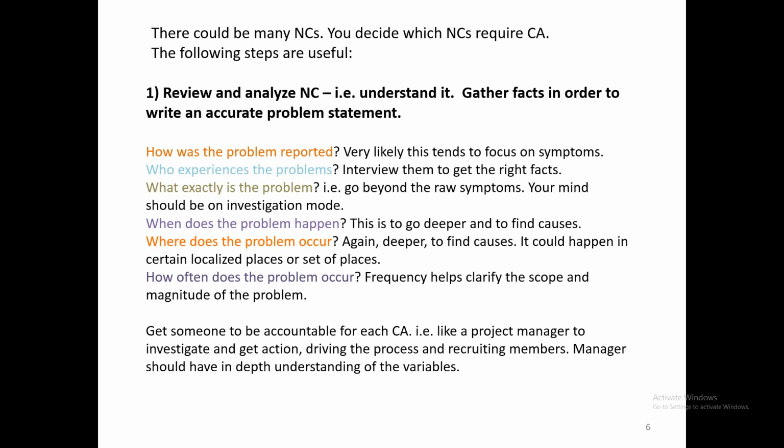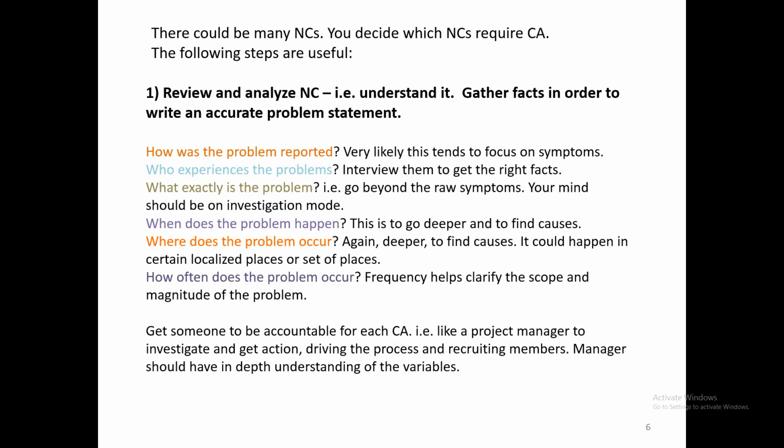So you have to really investigate deeper. You have to interview the people involved and find out what exactly the problem is. Go beyond the raw symptoms. Your mind should be very critical, in investigation mode. You're not interested in the symptom, you want to find the root cause.